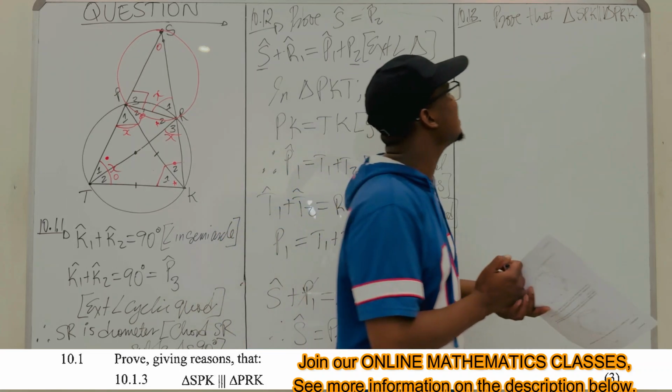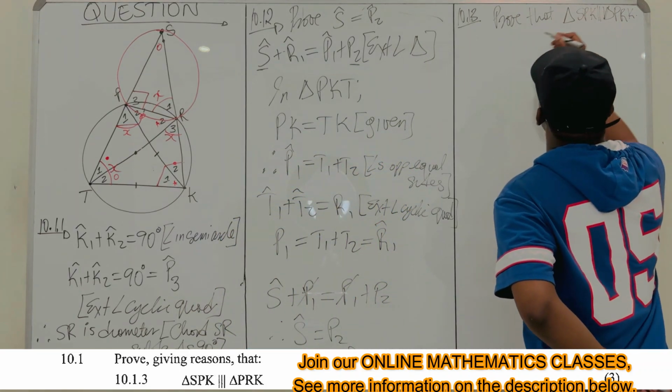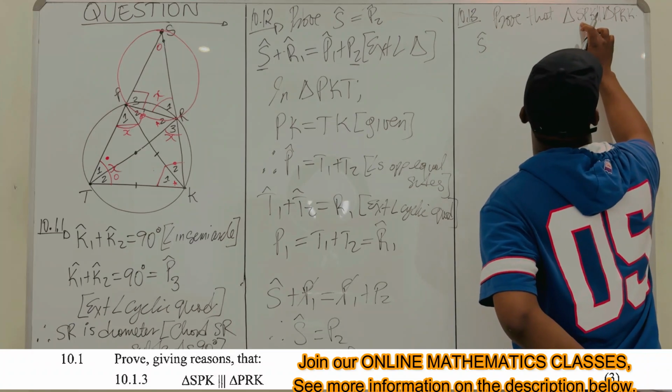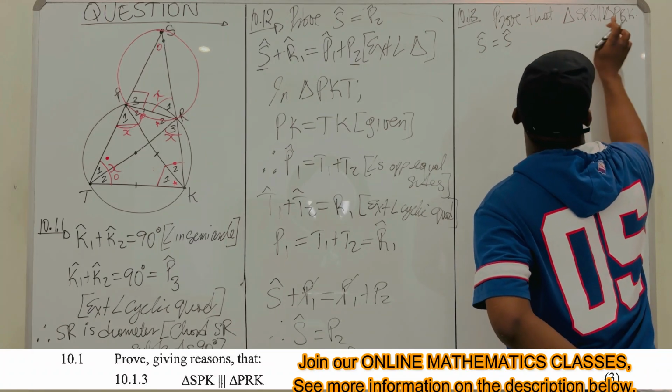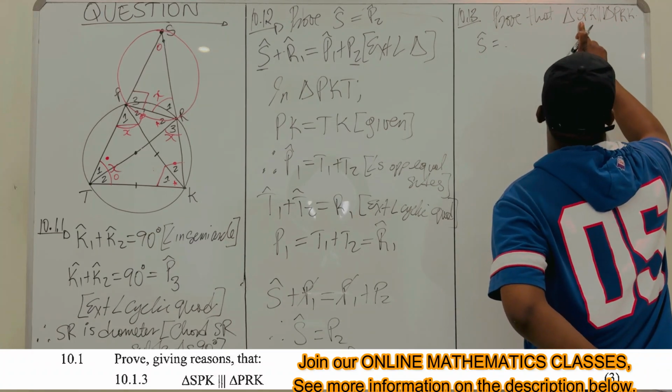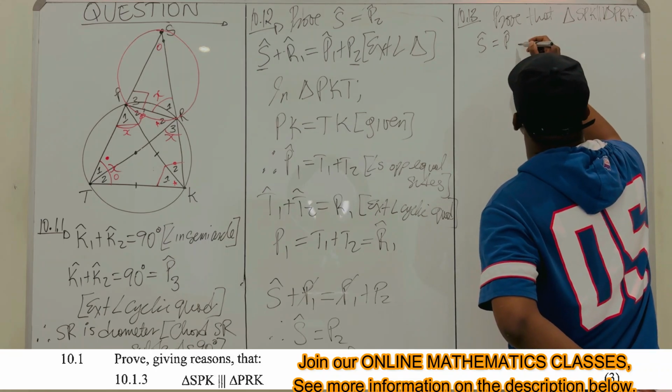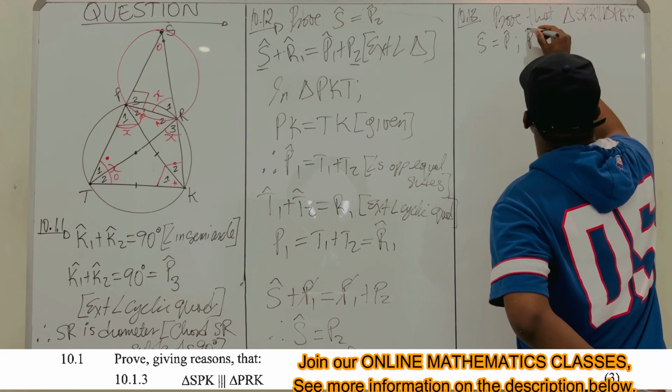Which means, in this case, you must show that your angle S in the first triangle is equal to angle P on the second triangle.